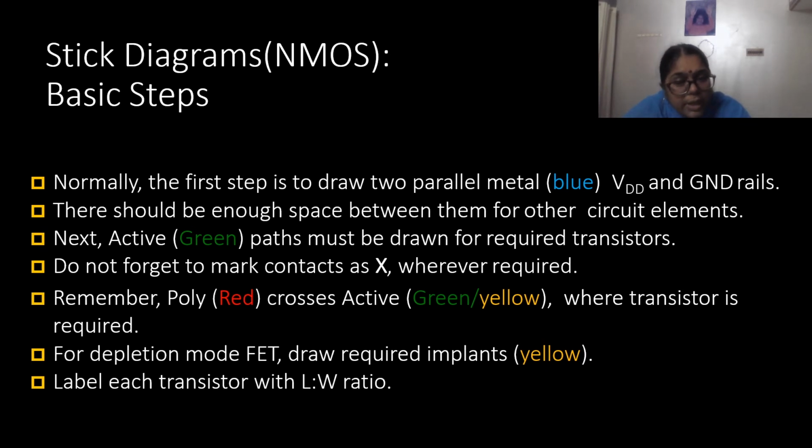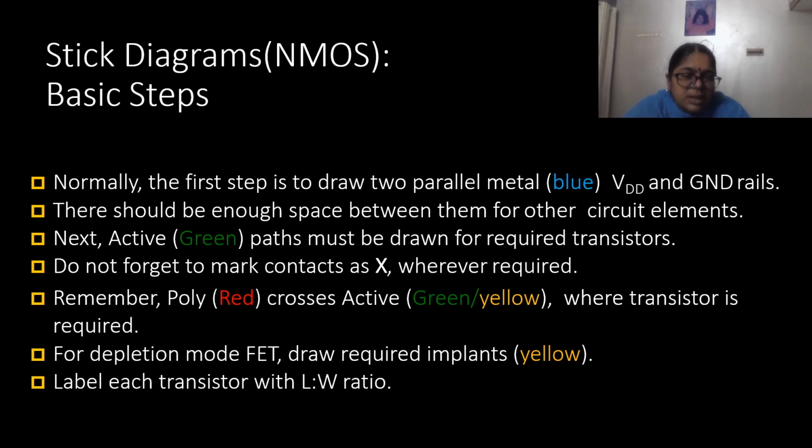For a depletion mode FET, draw the required implant using yellow. That means one yellow box has to be drawn around the transistor, indicating it is a depletion mode transistor. Label each of the transistors with their L/W ratio.